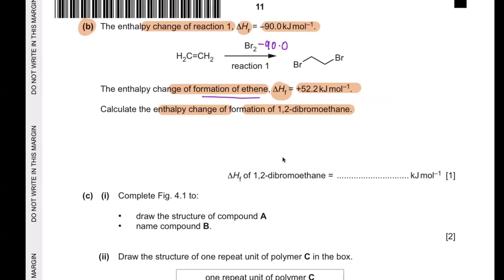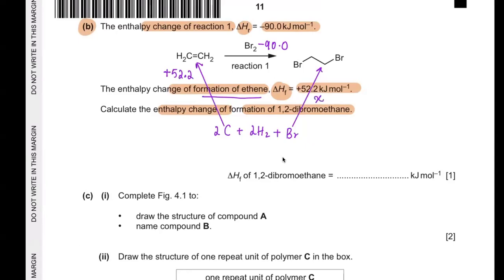They have given you the enthalpy change of formation of ethene. So formation of ethene means 2 moles of carbon reacting with 2 moles of hydrogen to form this, and the enthalpy change for this is 52.2. And they are asking for the enthalpy change of formation of 1,2-dibromoethane. So they are asking, when these elements combine and turn into this, what will be the enthalpy change? So that is X.